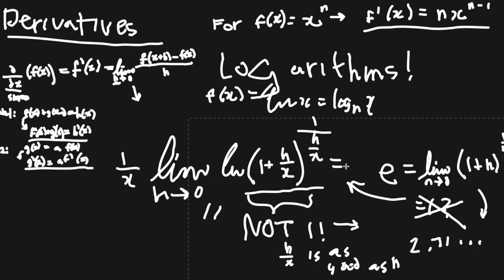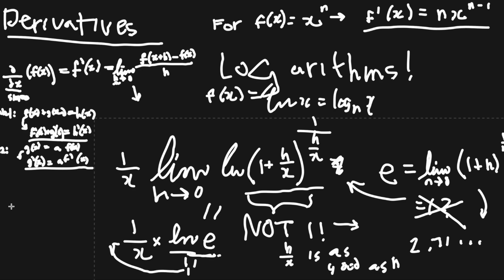If you're still a bit unclear about this, think about the limit this way. Since both n's in the first limit go to 0 at the exact same rate, both instances of h over x in the other limit go to 0 at the exact same rate again. Even if it's not the same rate as the first limit, both are essentially the same. Moving on, since you want the final product to be 1 over x, the logarithm must become 1.